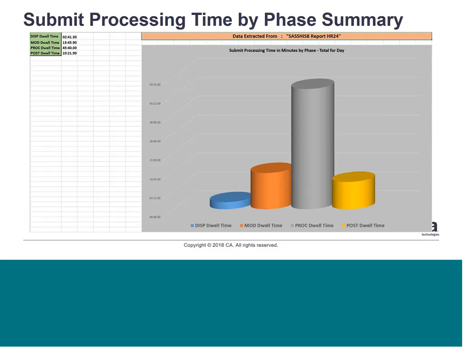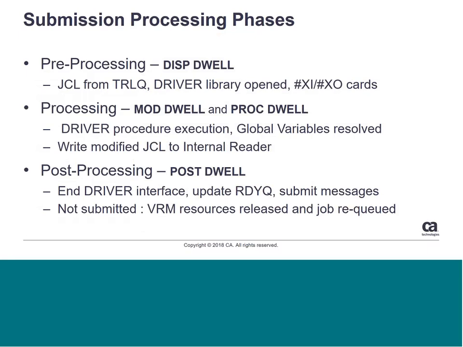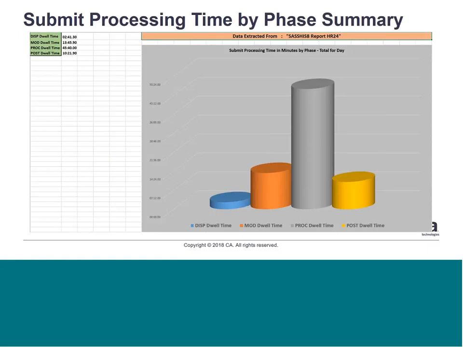We can break that down into disk dwell, mod dwell, prop dwell, and post dwell time. And as you can see, the prop dwell, which is the bit to do with driver procedure execution and global variable resolving and writing to the JCL internal reader, is generally the highest activity within all of those.